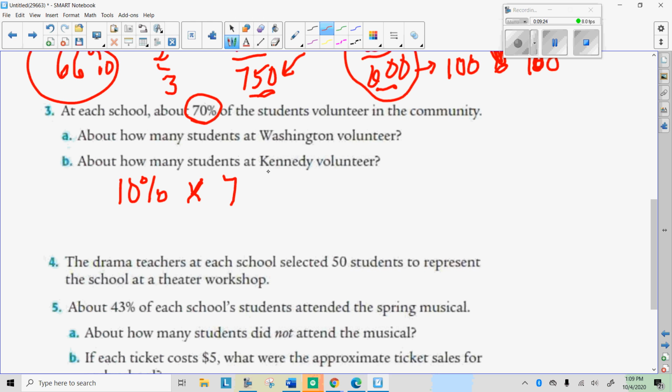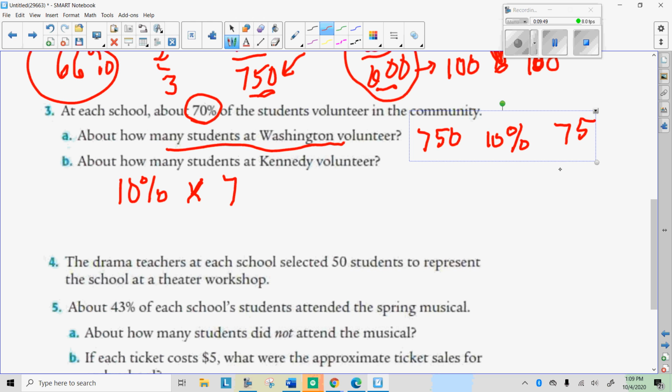And you could do that for any percent that's a whole 10. Like if it was 40%, you could multiply 10% times 4. Well, finding 10% of a number is pretty easy. So it says, how many students at Washington volunteer? Washington has 750 students. 10% of that is 75.